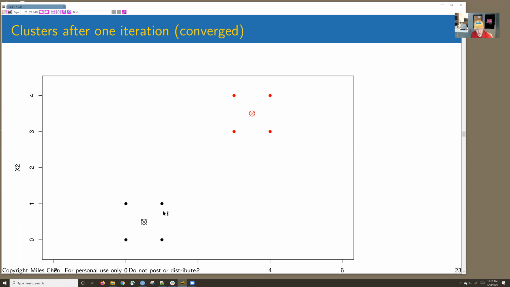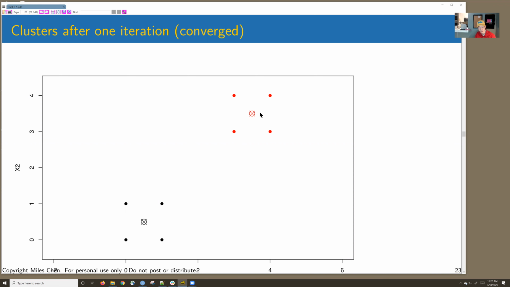And we would technically run through this one more time. I'm not going to do that. But we would ask, okay, which point is closer, black or red? For all 4 of these data points here, the black centroid is going to be closer. For all 4 of these data points, the red centroid is closer.